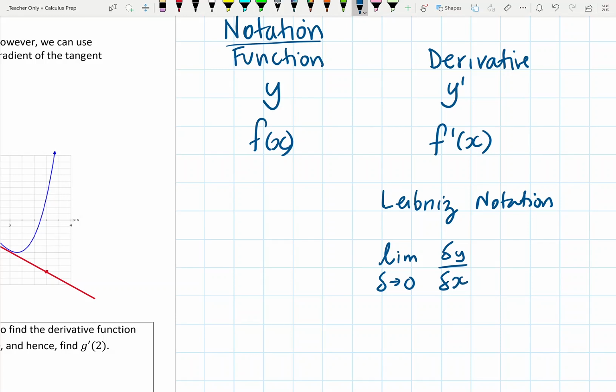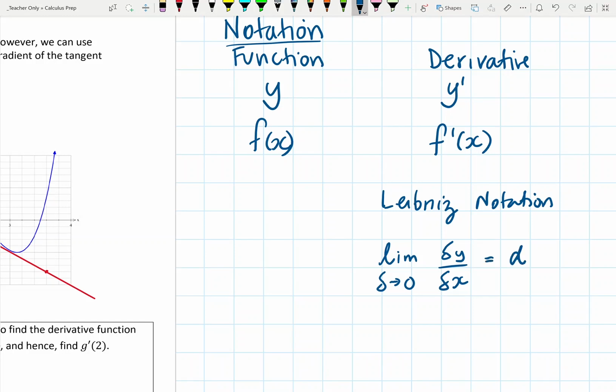Now, what does that mean? Well, delta in maths and in science means difference or the change, and so we're simply talking about the change in y over the change in x, and we've seen delta x represented as h, so the limit as the difference gets closer and closer to 0.